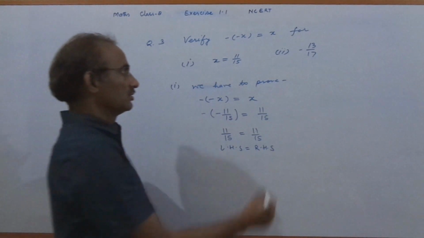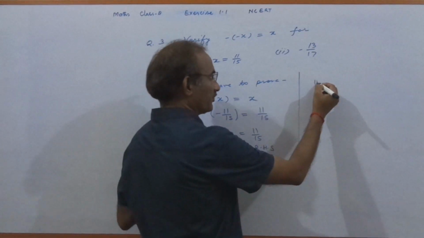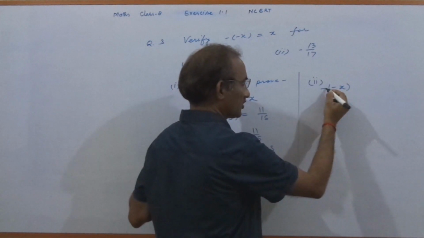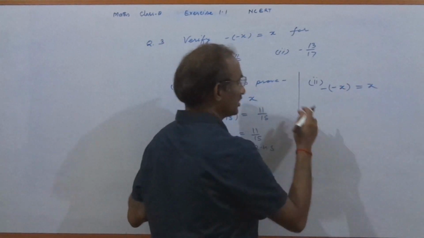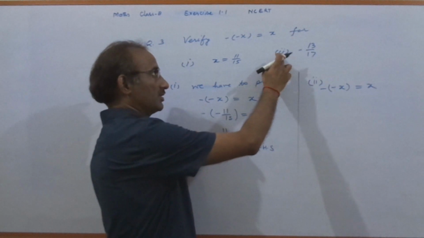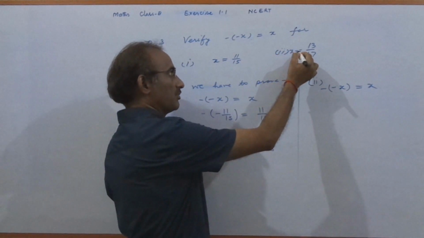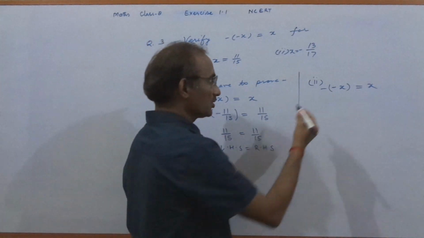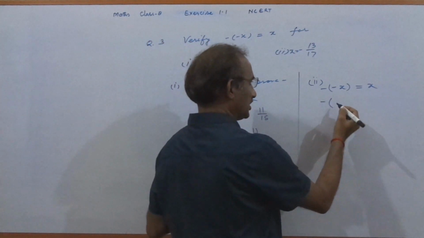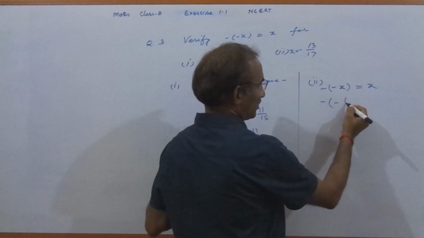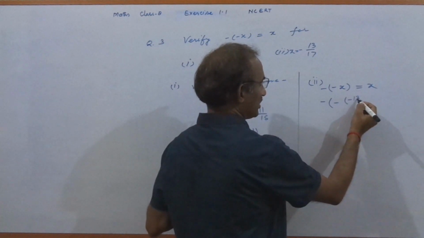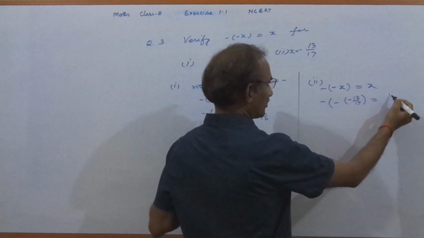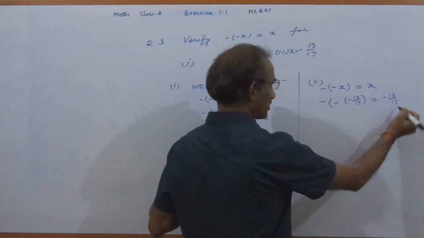For second, you have to prove minus of minus x equal x. The value of x is minus 13 upon 17. So on putting the value of x, we get minus of minus 13 upon 17 equal minus 13 upon 17.